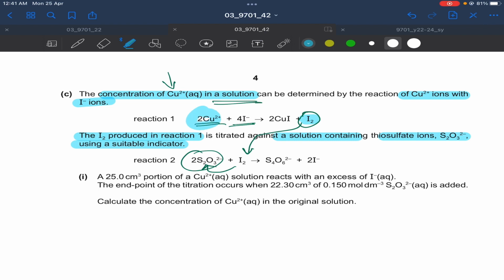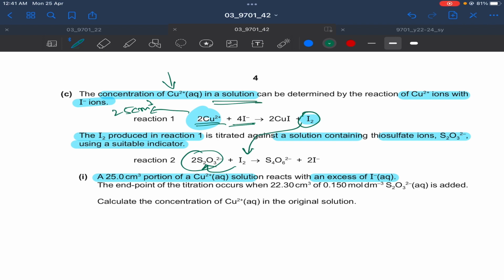Okay, so the 25 cm cube portion of a copper ion solution reacts with an excess of iodide ions. So the volume of the copper ion solution is given, right? We have to find out its concentration, and its volume is given, that is 25 cm cube.